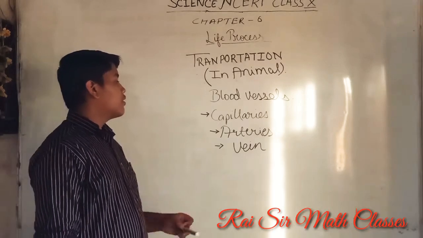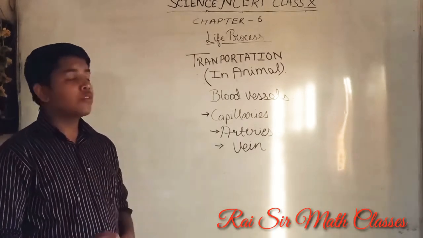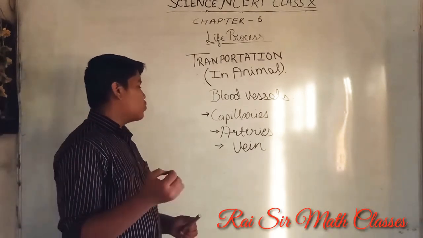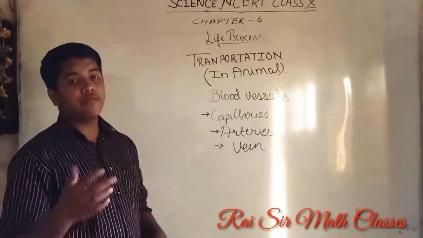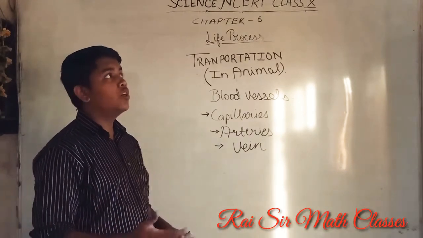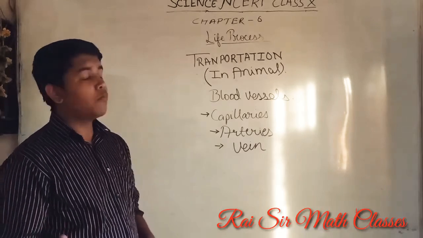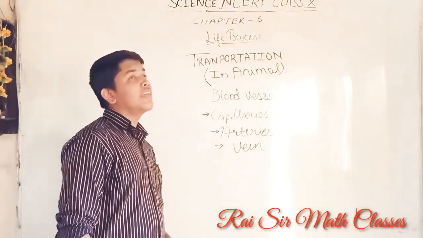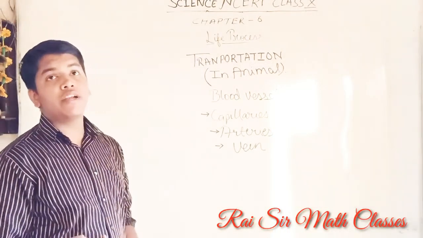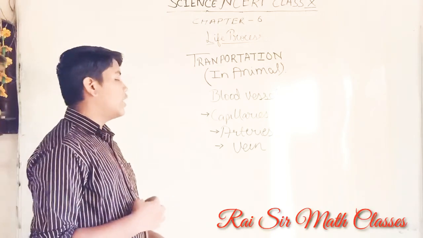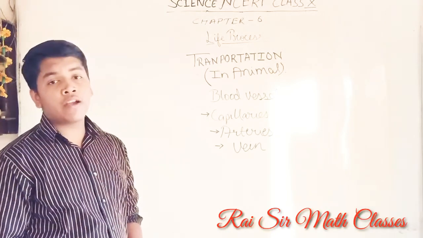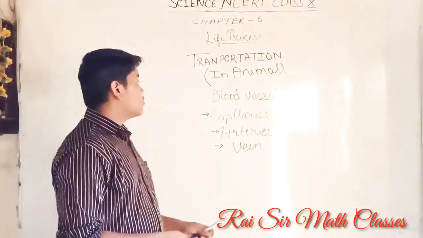Arteries carry oxygenated blood from the heart to all parts of the body, and veins carry deoxygenated blood from other parts of our body to the heart.